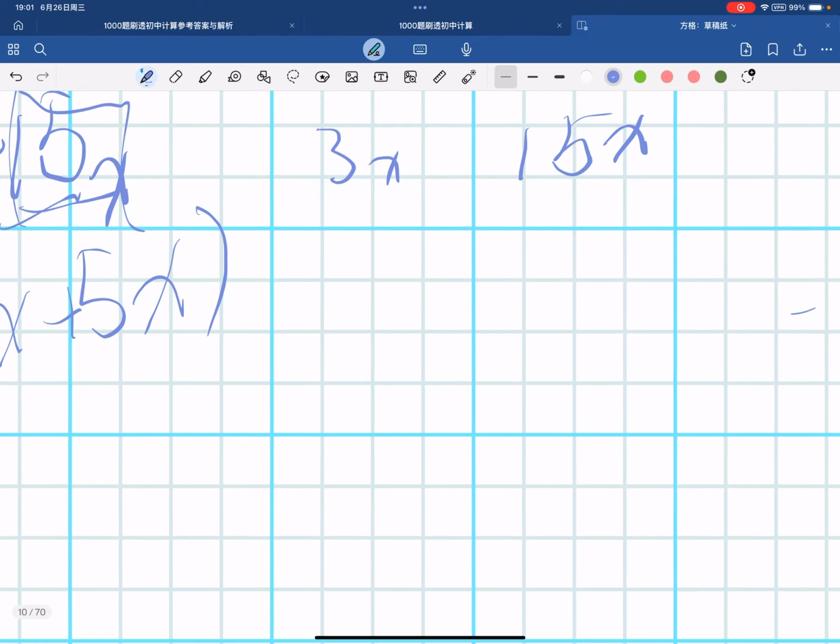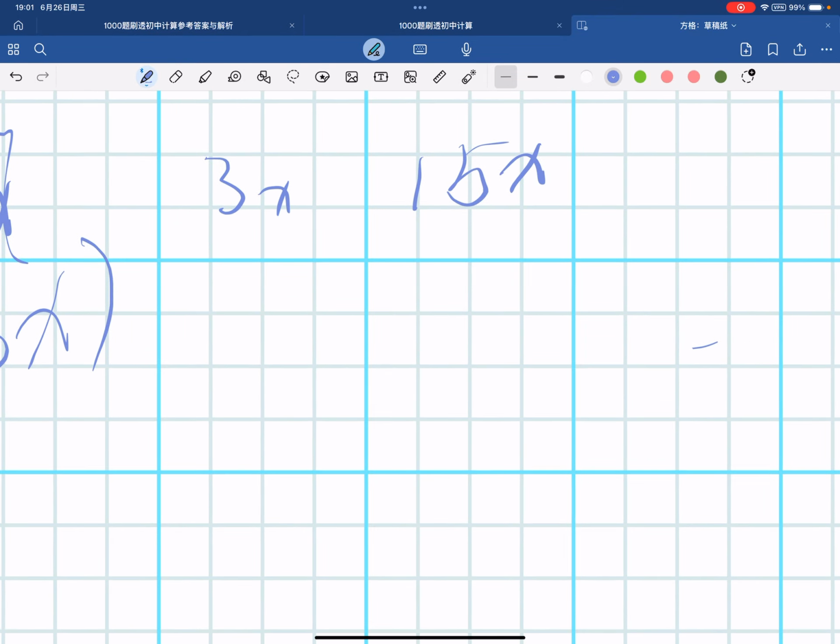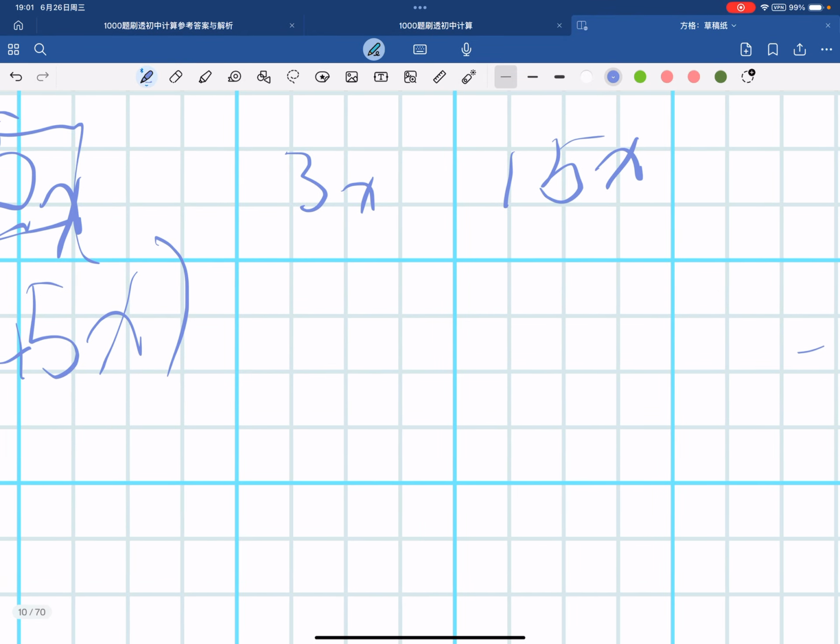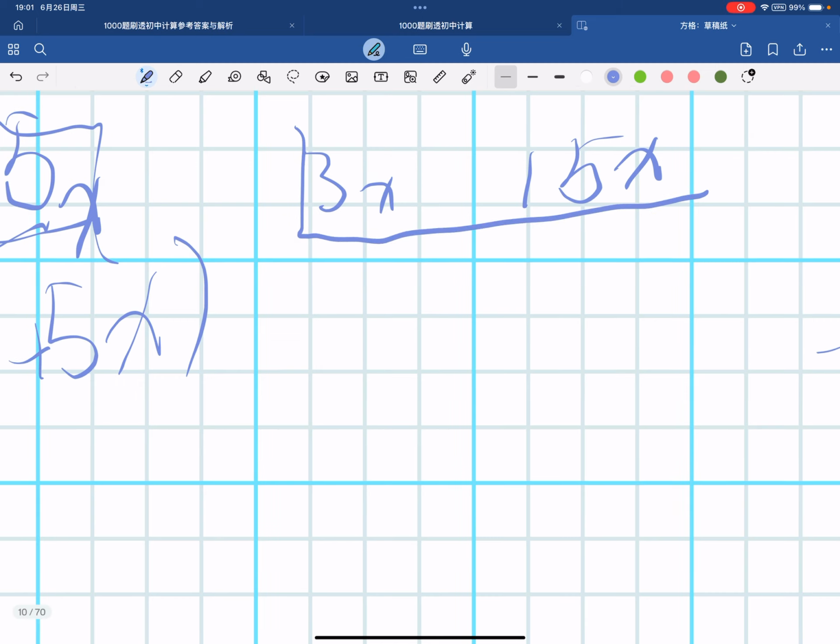It's actually not 3x and 15x, but I'm only doing an example. For instance, if they're divisible by x, you write x on the left of this column here.